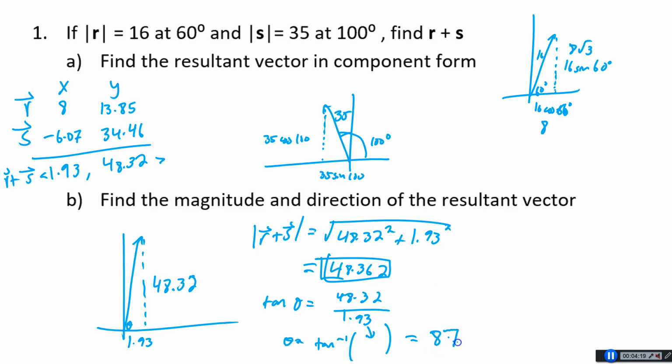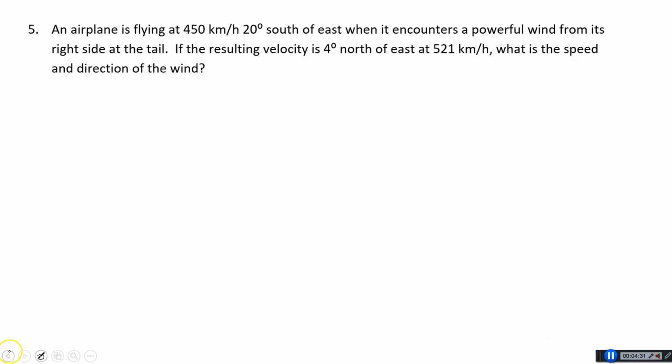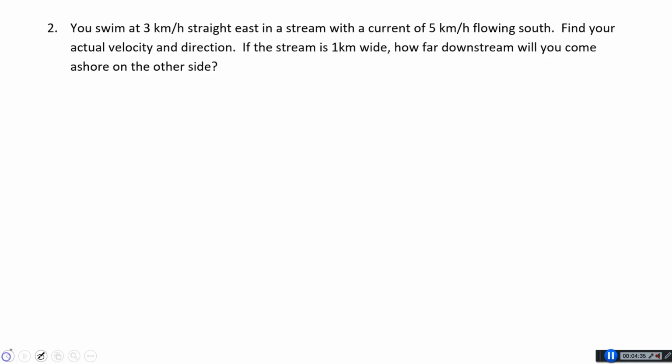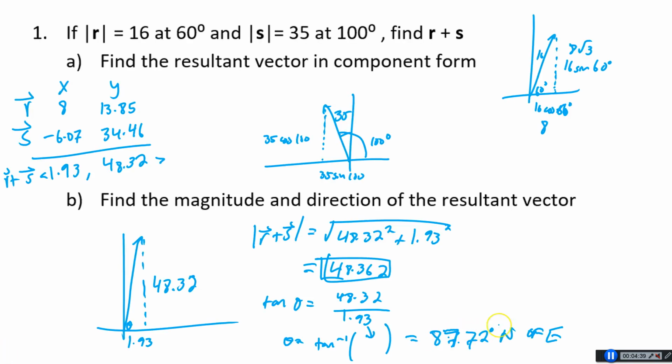And that is the actual standard angle from standard position, but I could also write north of east. So in all these problems, I'm going to actually write out the direction that it's going, because I just think that that's useful to be able to see. Okay, so we have 87.72 degrees north of east. So we have our magnitude, we have our direction, that's what they asked for.